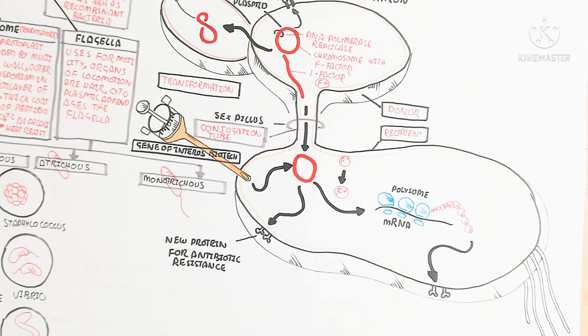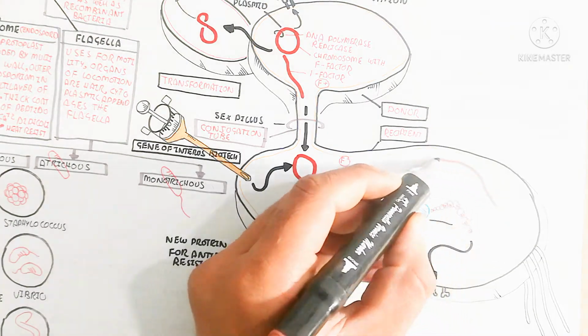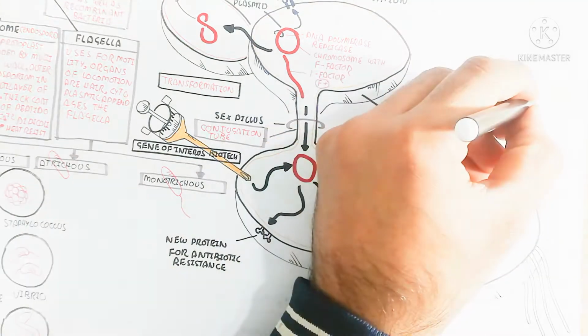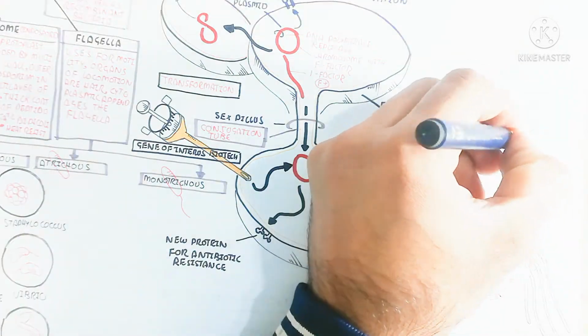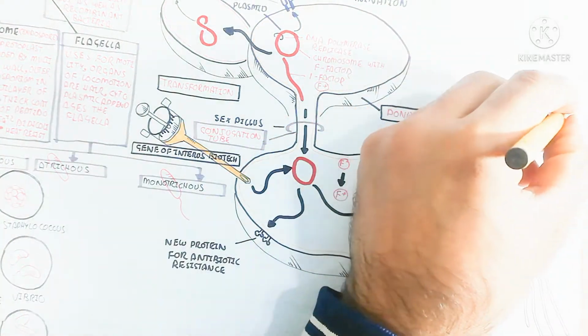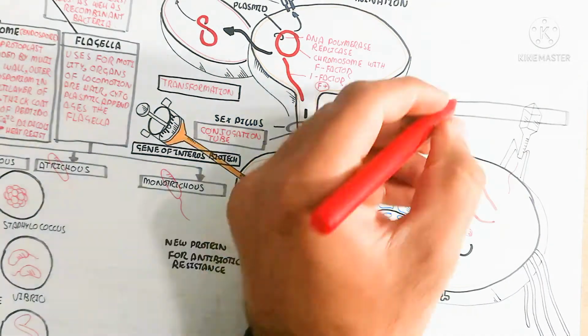So the new protein for antibiotic resistance or etc. is produced. On the other hand, an important thing is that the biotechnological field will produce different types of desired substances due to the gene of interest inserted into the vector to insert into the bacteria.